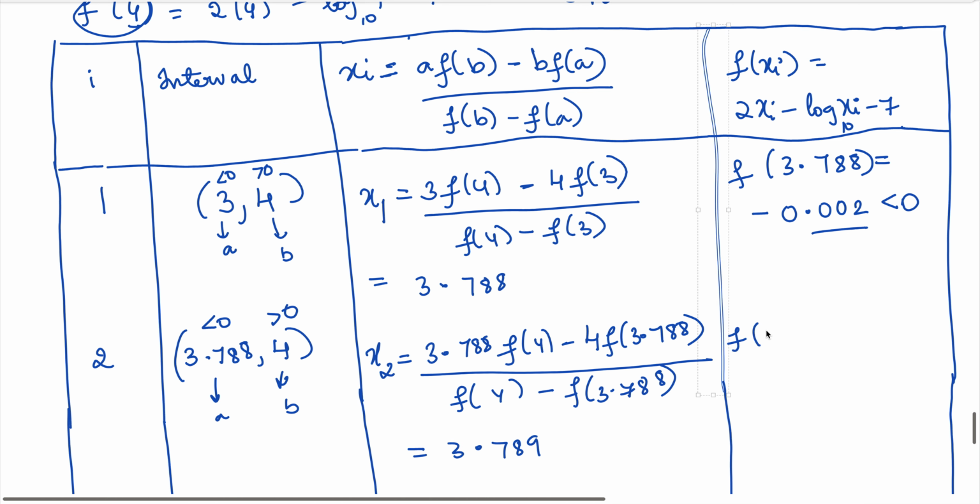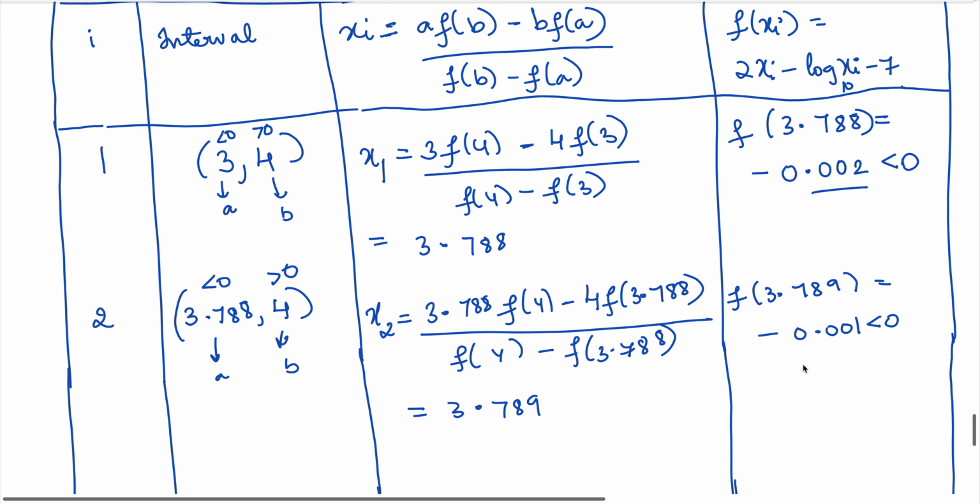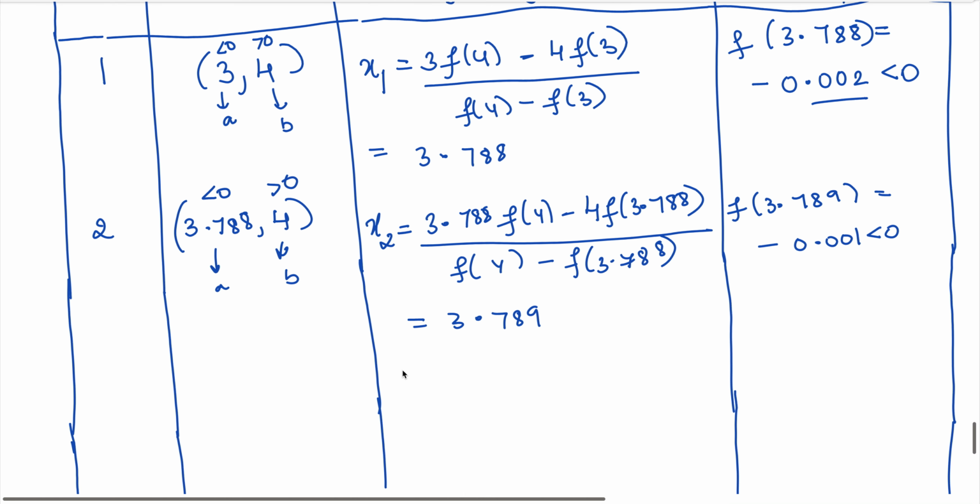Now what is f of 3.789? It is equal to minus 0.001. This is again less than 0. So now what are we going to do in our next iteration?